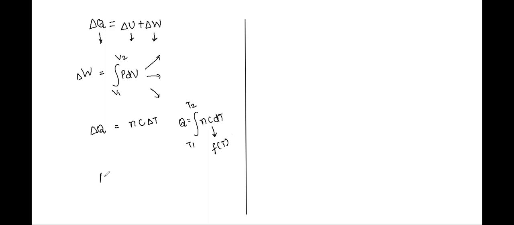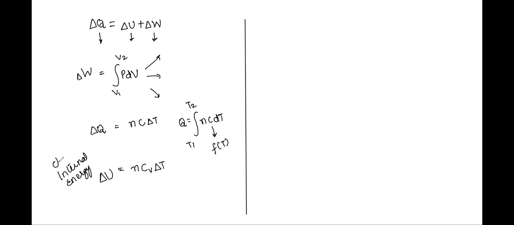Similarly, internal energy, try to understand this very carefully, class. According to some assumptions, we take that internal energy is just a function of temperature and it is given as nCv delta T, always, for any process. For any process, if the temperature change is delta T, this is the change in internal energy.